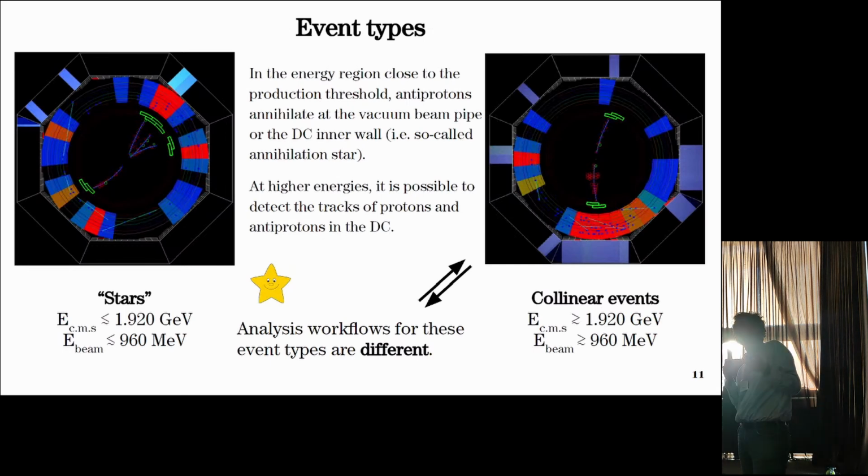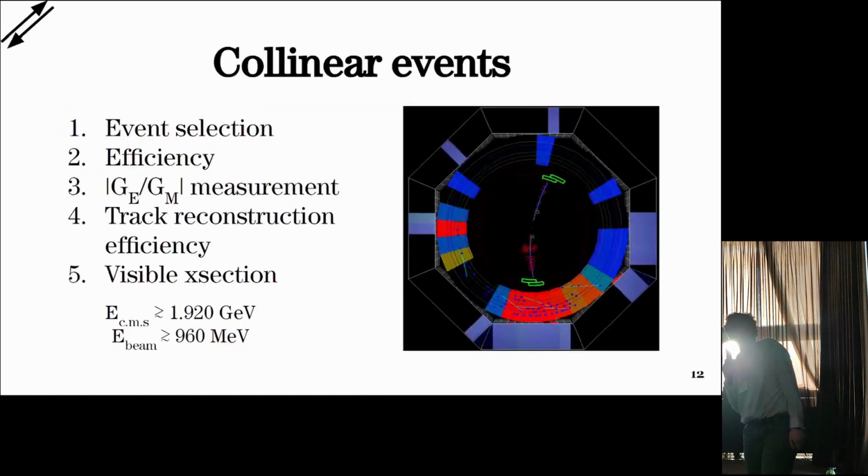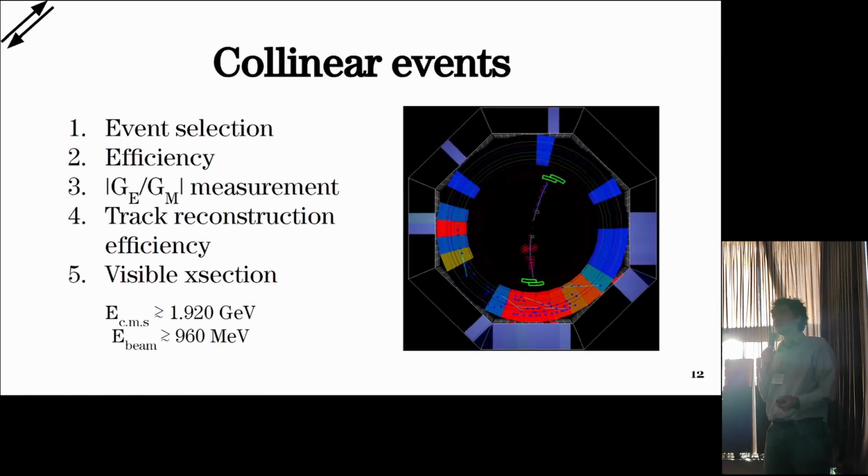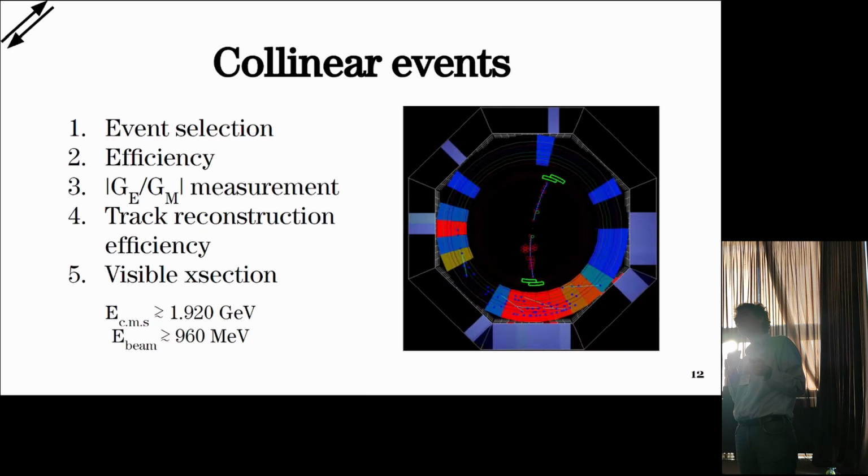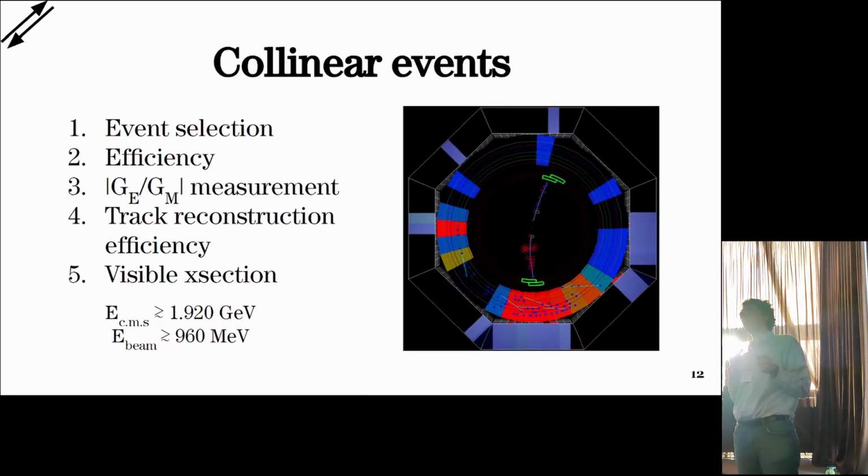The main difference between them is that the analysis workflows for these types of events are completely different. So I'll start with collinear events. I'll cover event selection procedure, efficiency, measuring the ratio of electric and magnetic form factors, and track reconstruction efficiency and visible cross section.